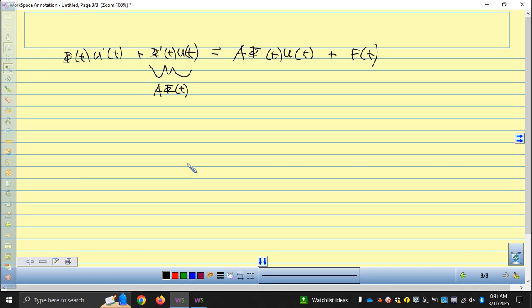That was one of the properties of the fundamental matrix. So we can write phi of t, u prime of t, plus A phi of t equals A phi of t, u of t, plus f of t.